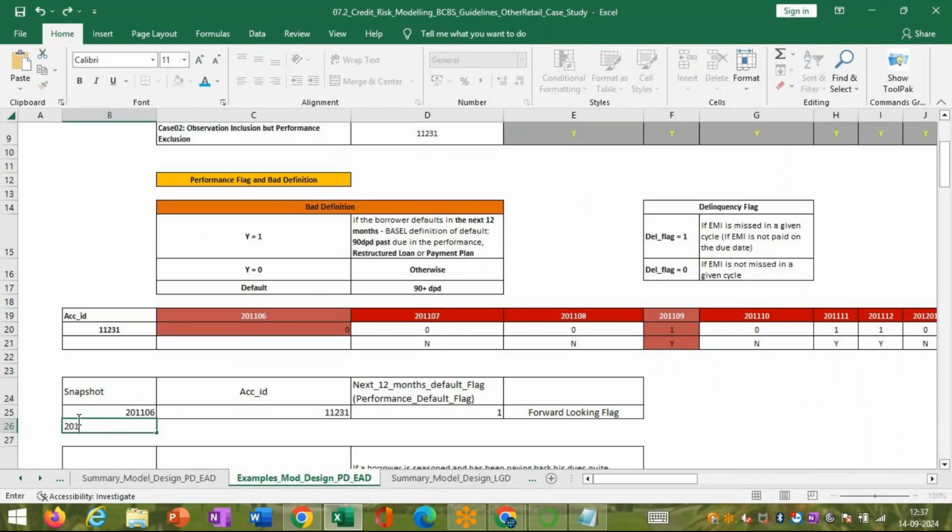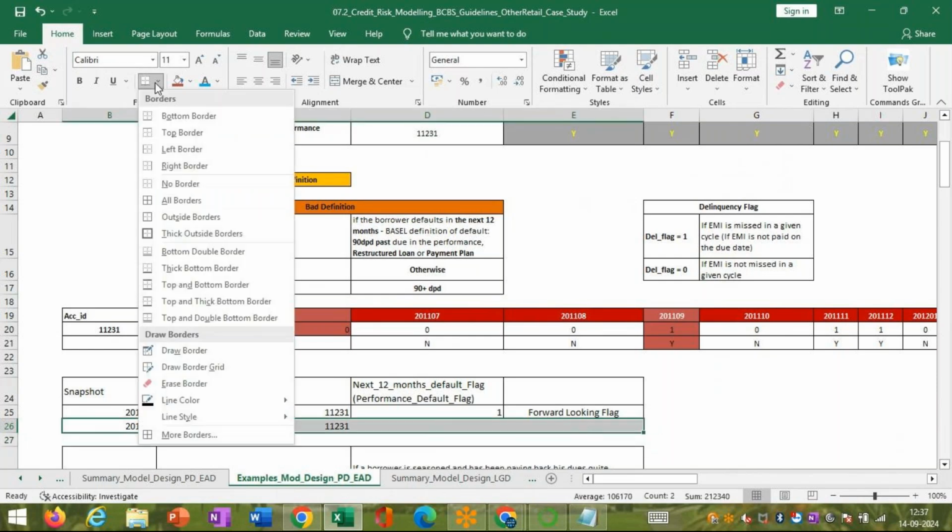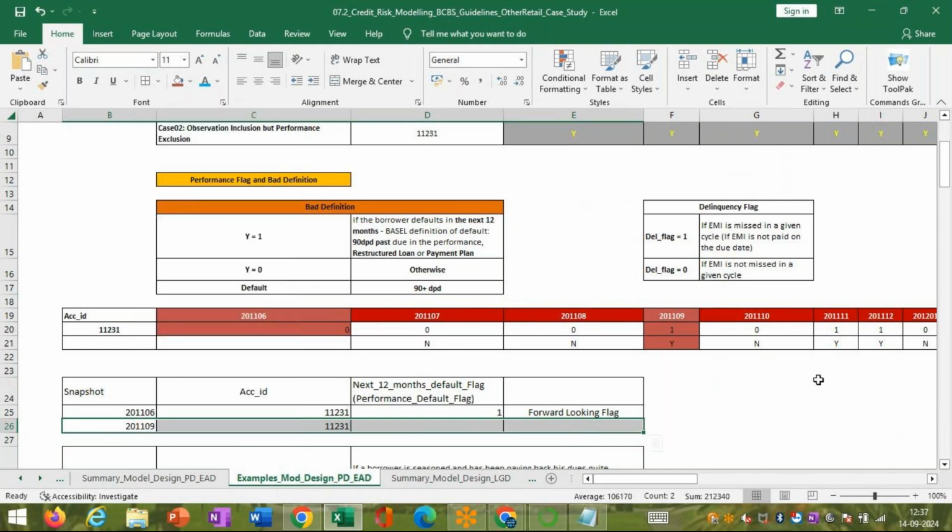So in 2011-09, my account ID is 11231. What will be the next 12-month flag over here? Will this be a default flag or not? That is what I want to know.